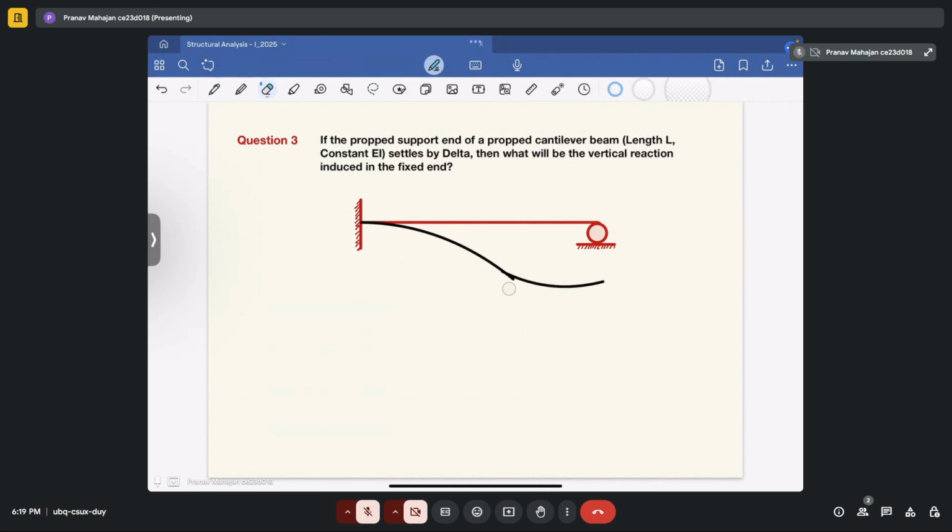So this is how the settlement profile of the beam will look, and it is displaced by delta.